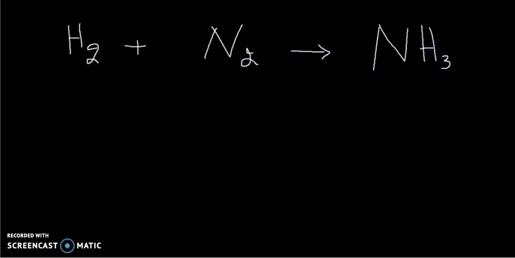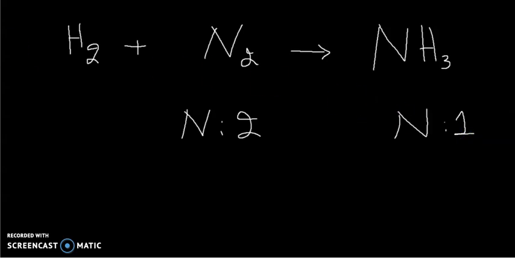So the first thing you notice here is that you have 2 reactants and you have 1 product. This is one of the simple reactions to balance out. Let's start. First thing I'm going to look at is the nitrogen. How many nitrogens do I have here? I have 2. And how many nitrogens do I have here? I have 1.